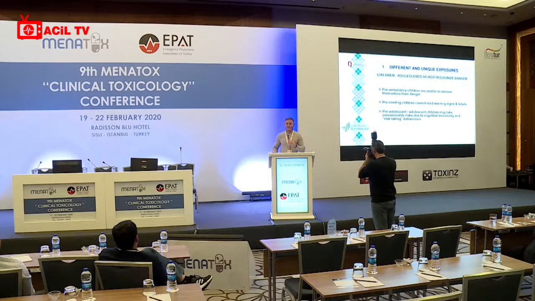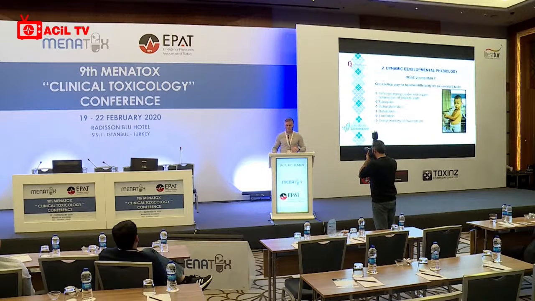And like I said, adolescents have risk-taking behavior. Xenobiotics are handled differently by younger kids as opposed to older. Again, I won't read through the slide, but there are some significant differences when it comes to uptake, metabolism of poisons, and then excretion of poisons.